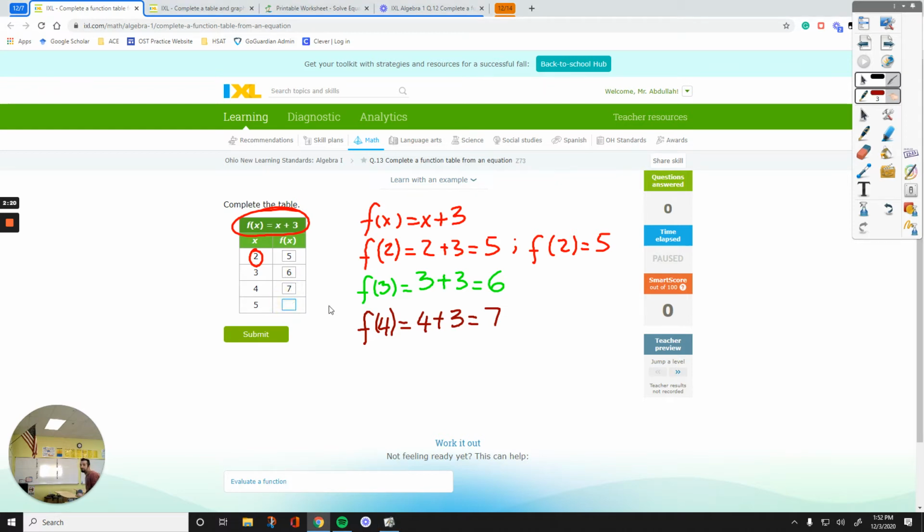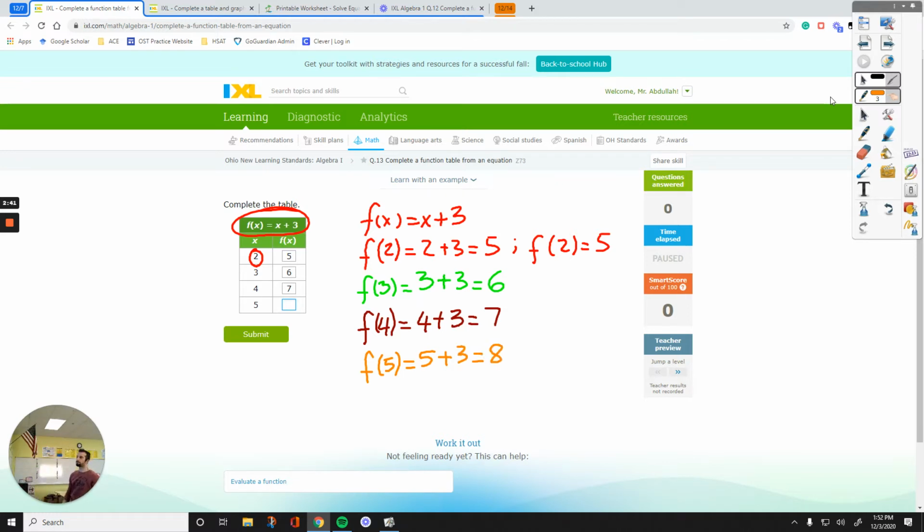And let's see what happens if instead of x, I use this number, 5. So let's just do f of 5. Instead of x, I am plugging in 5. The first term was x, it becomes 5, and then plus 3 is 8.